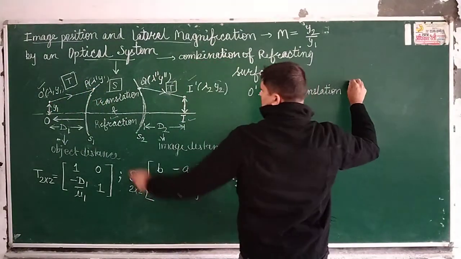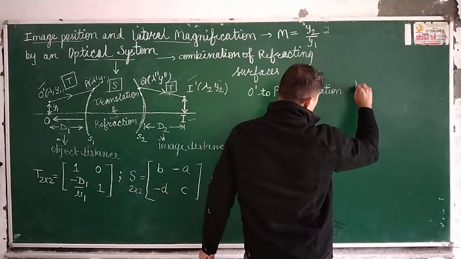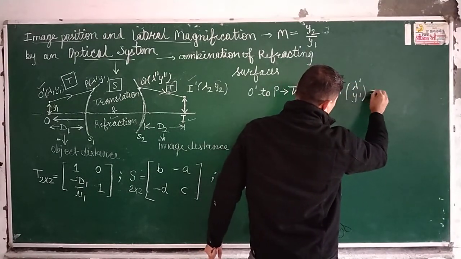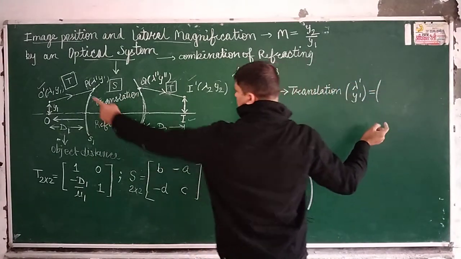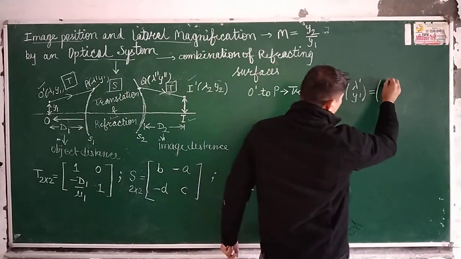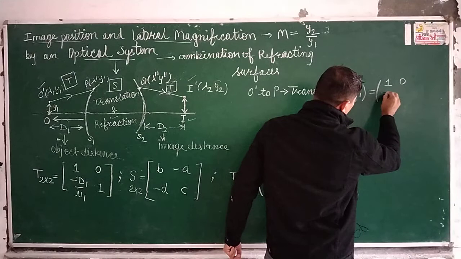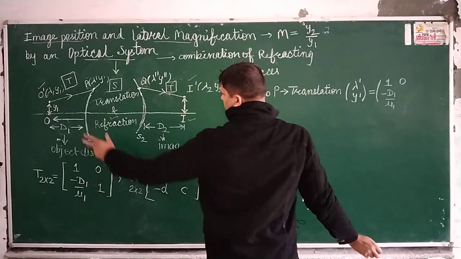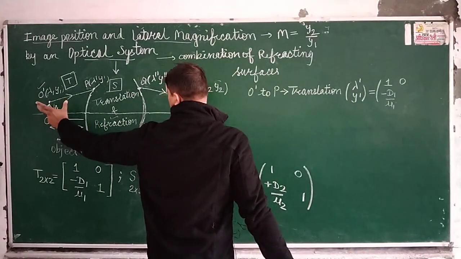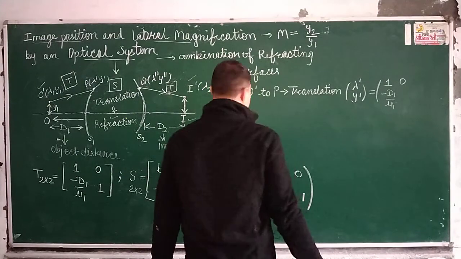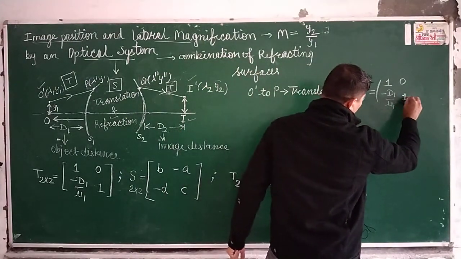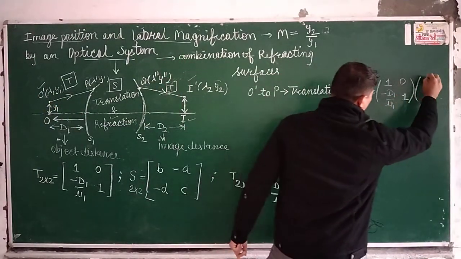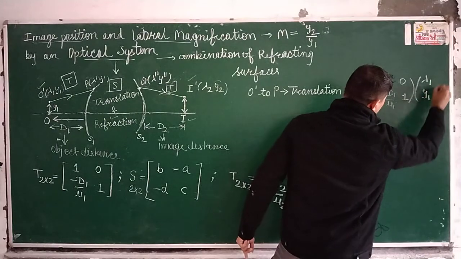The optical coordinates of point P are lambda dash and y dash. This will be equal to the 2 cross 2 translation matrix, which is 1 0 minus d1 by the refractive index of this object space, and 1, times the optical coordinates of the object point, that is lambda 1 and y1.